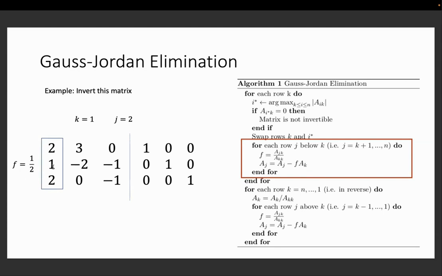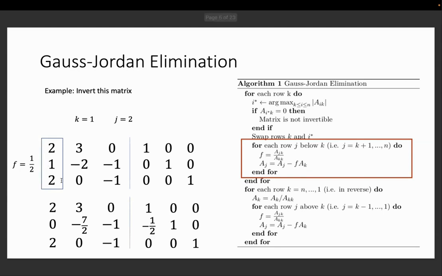So, for example, here f is equal to 1 divided by 2, multiplied by the first row, which gives 2 divided by 2, 3 divided by 2, 0 divided by 2.